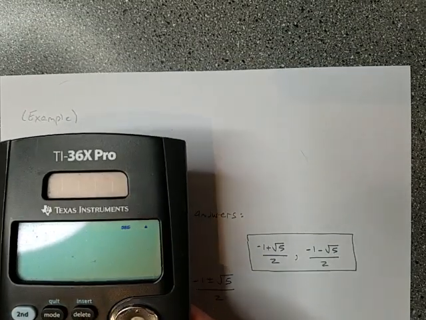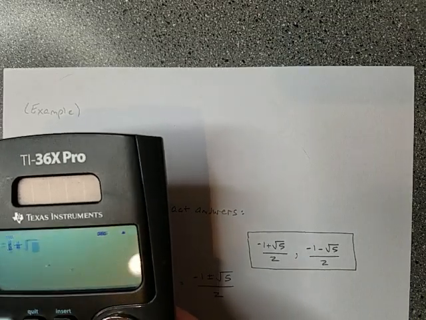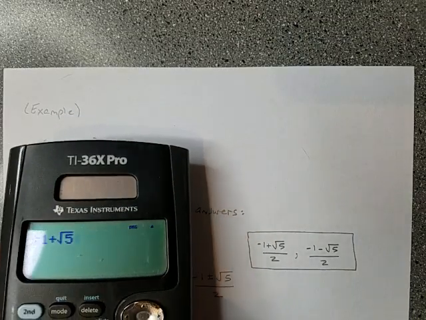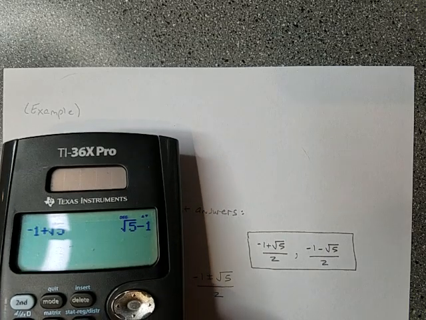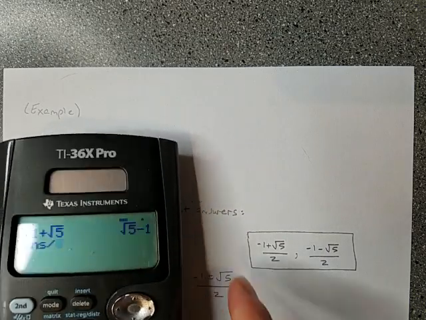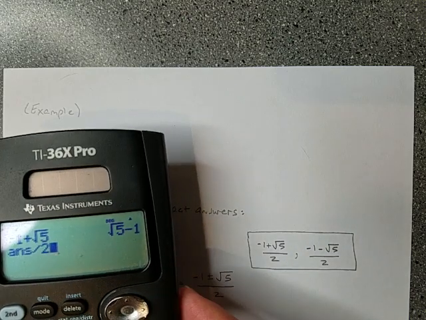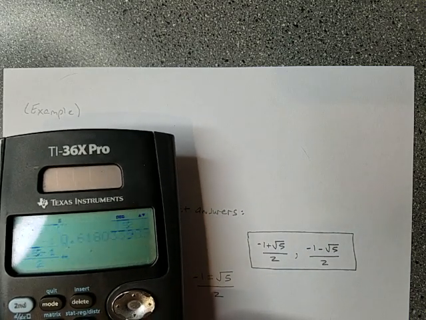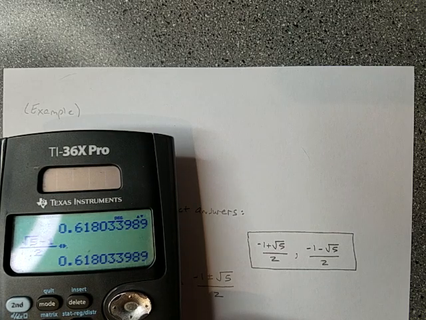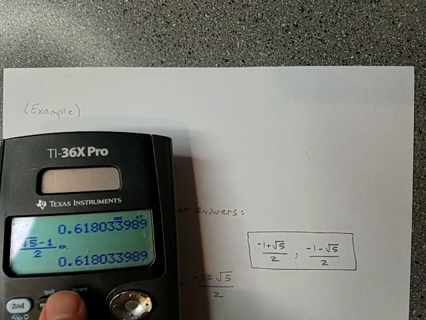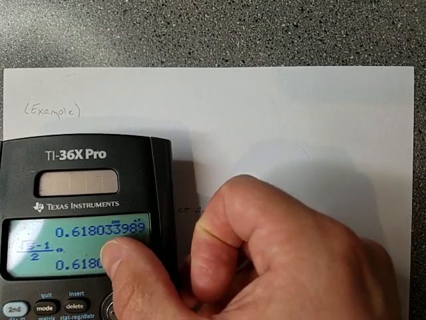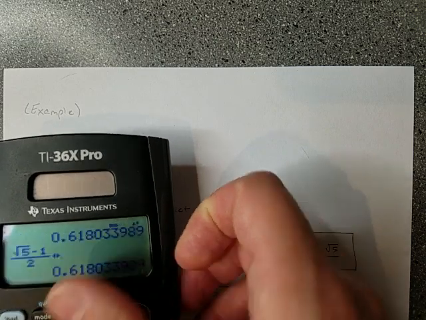I'll do negative 1 plus root 5, okay? And then I'll take that number, and if I just hit divide, it thinks I want to divide negative 1 plus root 5 divided by 2. And I get this number, 0.618. And if I round to 3 decimal places, there's the third digit, 0.618.